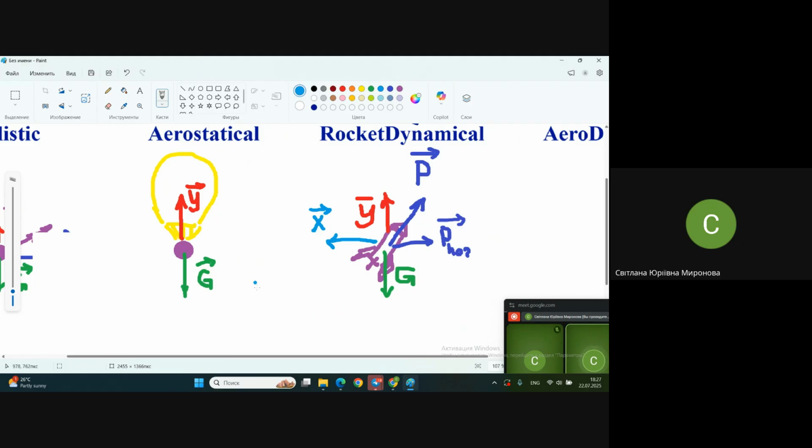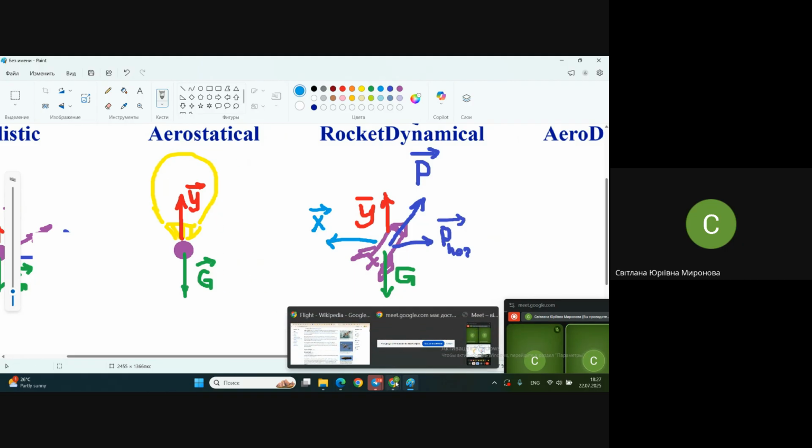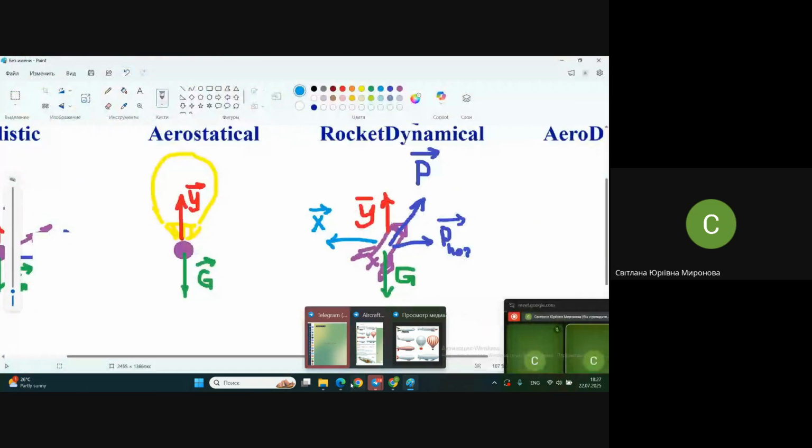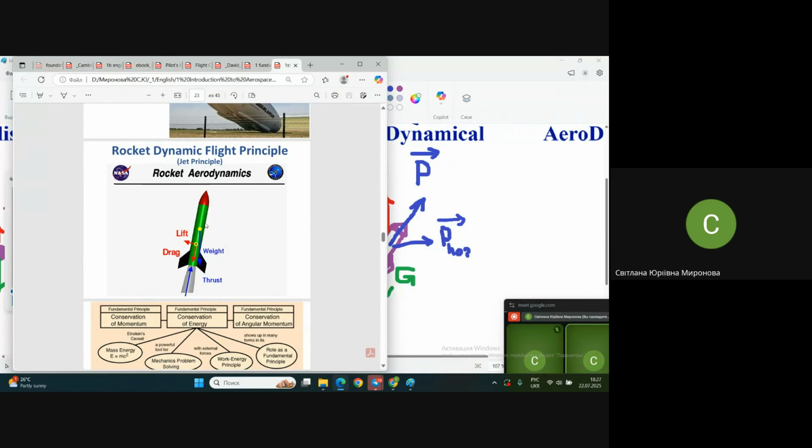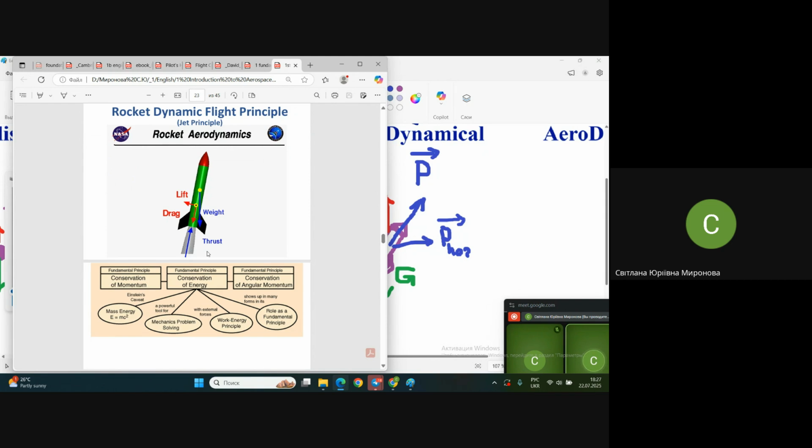So the rocket dynamical principle, once again, in a clean way, where is our slide? It comes about rockets, of course, whether space rockets or missiles. Once again, it comes about motion due to propulsion force, and if this propulsion force is not directed ideally vertical, it is split into two forces.